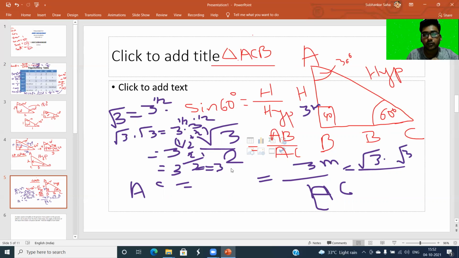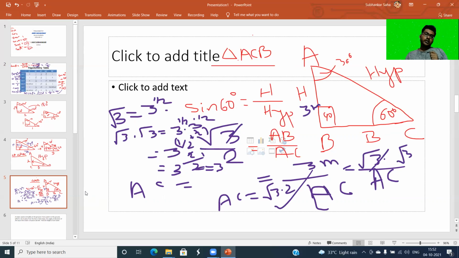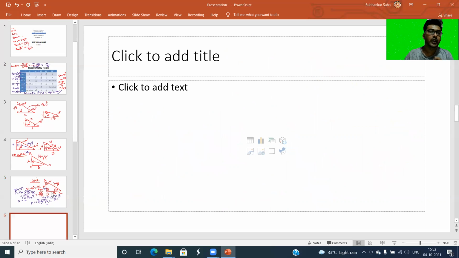So root 3 by 2 is equal to root 3 by AC. Root 3 cancels. So what is the AC value? AC is equal to root 3 into 2. Clear? Next.